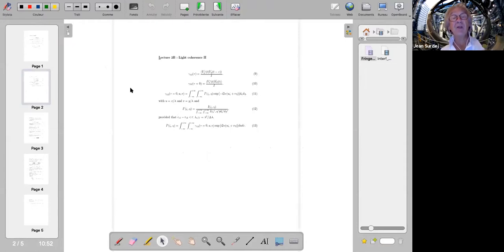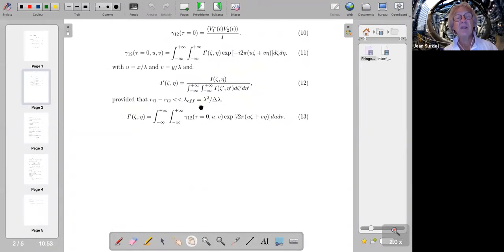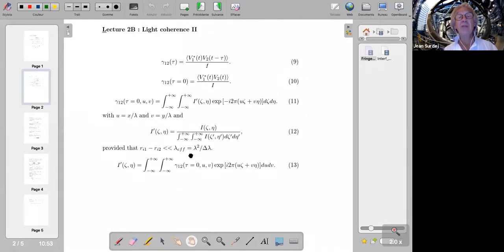Now I come to a summary of the present lecture. I also zoom on the very important formula that we have established. We have calculated, for an extended source this time, not anymore a point-like source, the expression of the complex degree of mutual coherence.